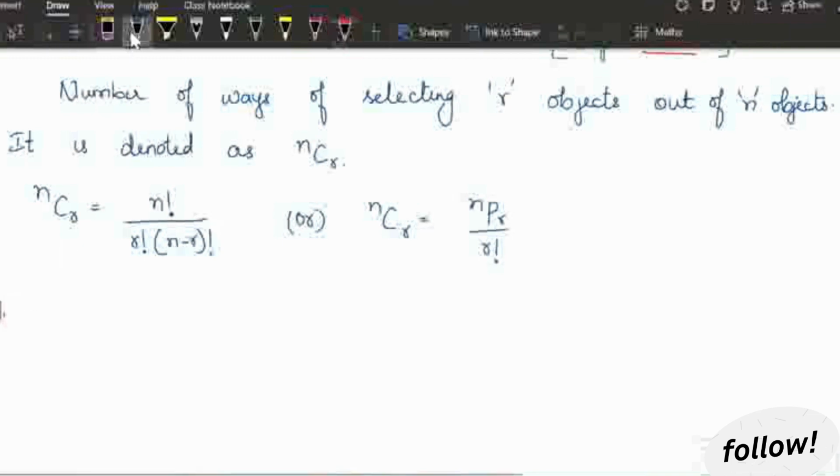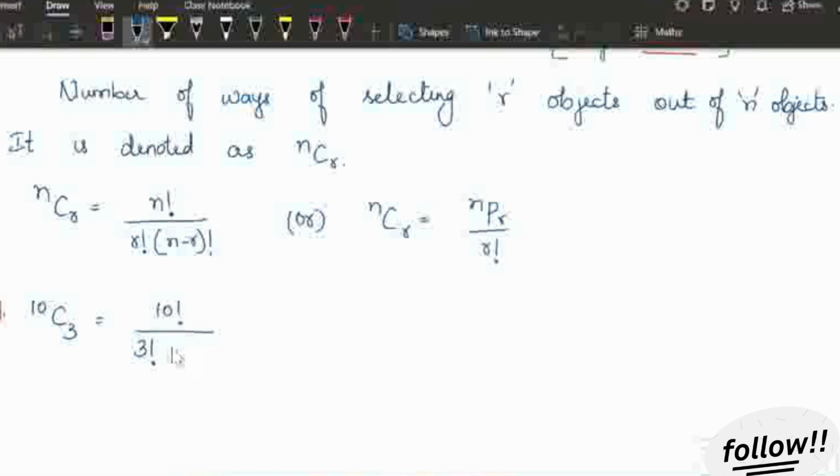First example, I will take 10C3. Here 10 is n and r is 3. So n factorial is 10 factorial divided by r factorial, which is 3 factorial, and then 10 minus 3 factorial, which is 7 factorial. Now you know how to simplify this. Expand the bigger factorial until you reach the smaller factorial so that it gets cancelled.